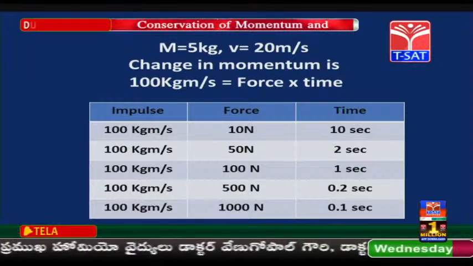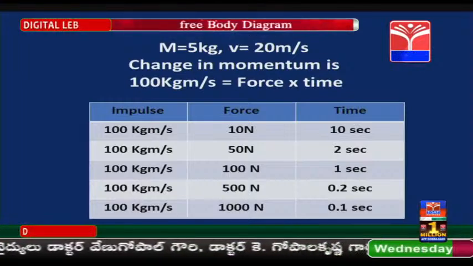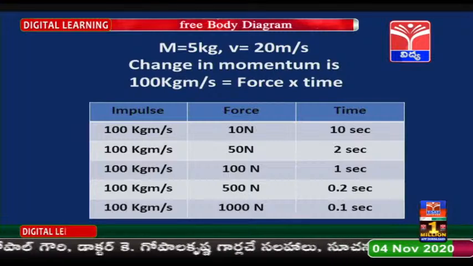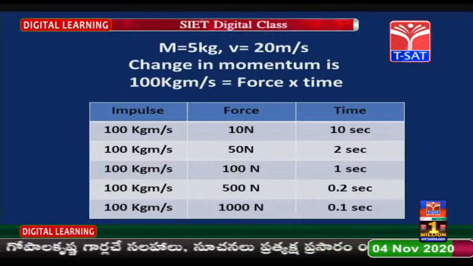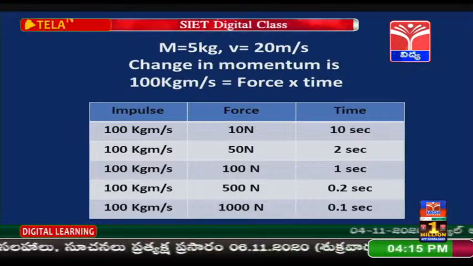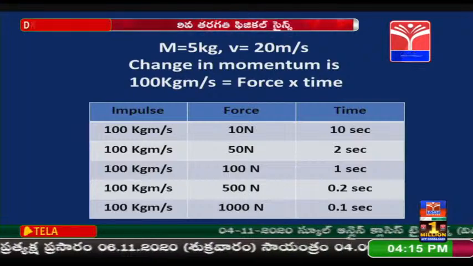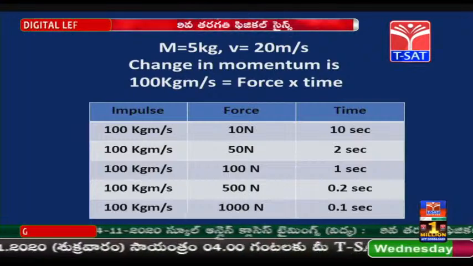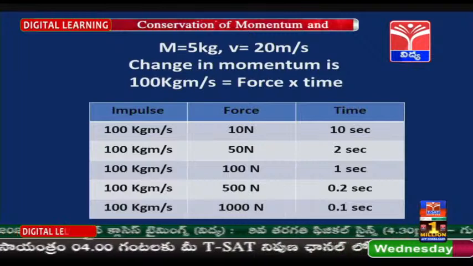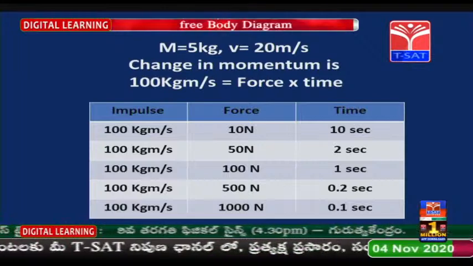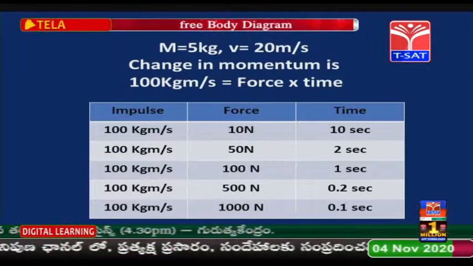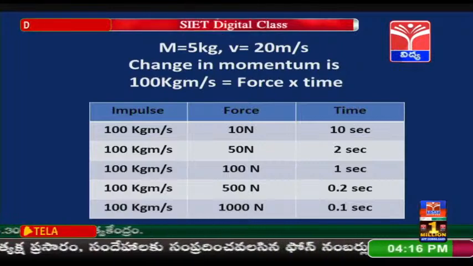To stop this object by applying 10 Newton force, the time that would be required will be 10 seconds. To stop the same object in 2 seconds, we have to apply 15 Newton force. If we apply a force of 100 Newton, then the time required would be 1 second.